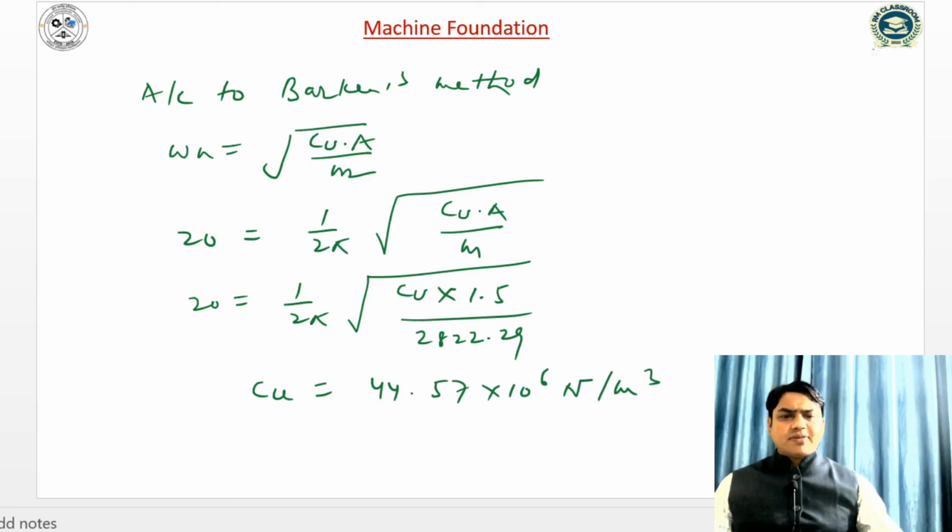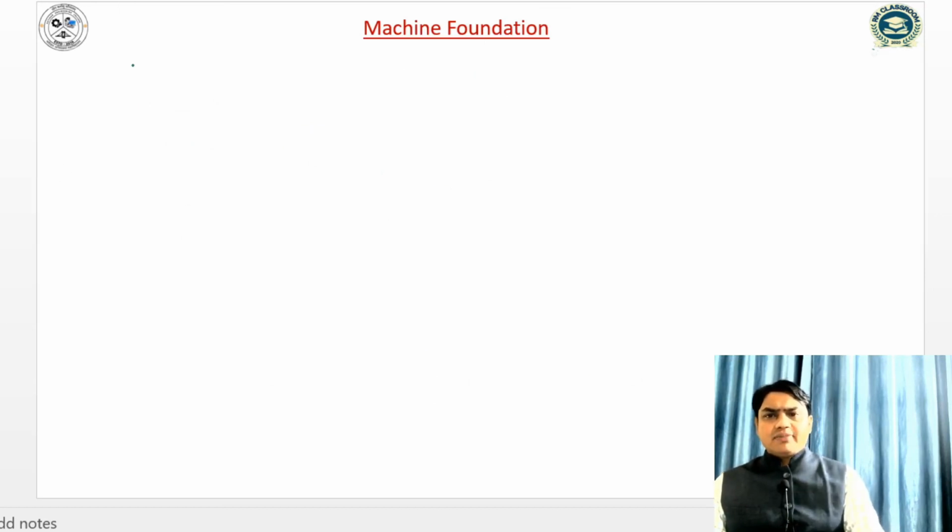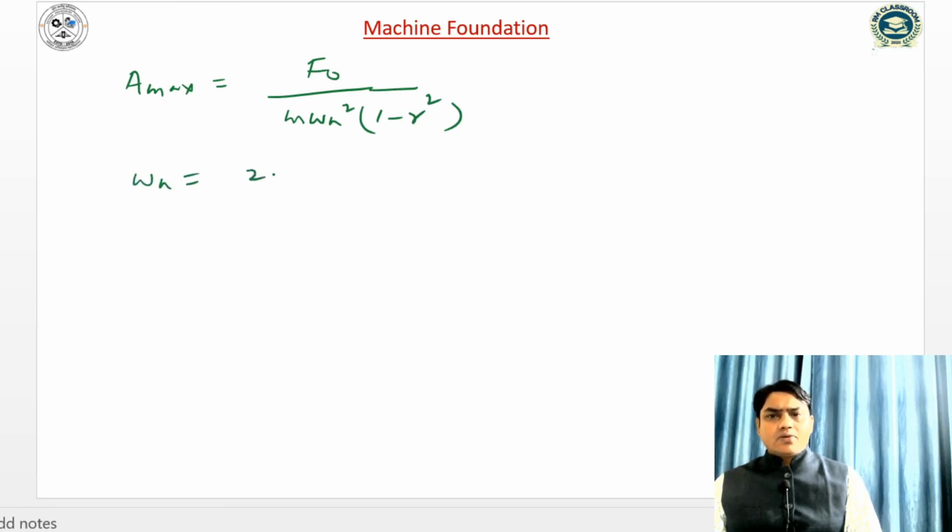Similarly, the maximum amplitude can be computed as follows. Let Amax be the maximum amplitude, computed as F0 divided by M omega n square into 1 minus r square. Omega n can be computed as 2 pi into Fn, so 2 pi into 20, which is 40 pi.